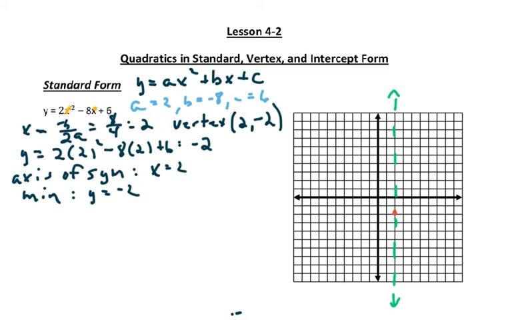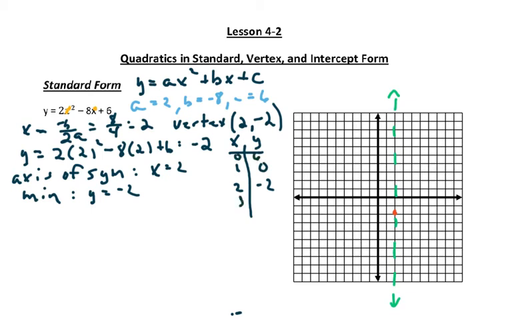Now, when I go to graph this, I'm going to go ahead and sketch quickly a little table here. And I already know 2, -2. Again, you could plug this into your graphing calculator and get all this information. I'm just going to give you some points. 1, 0, 0, 6.